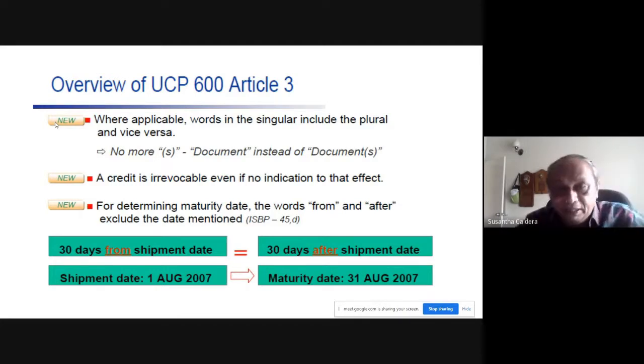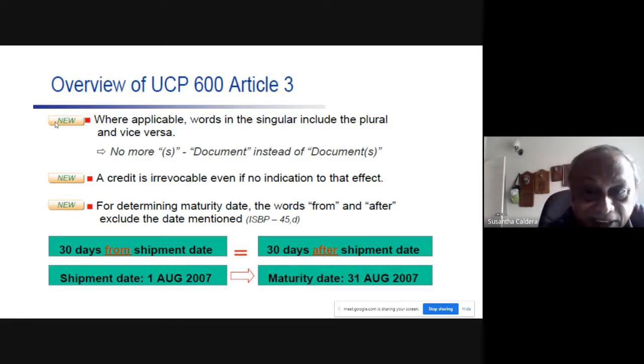Now, for example, 30 days from shipment date. What is the shipment date? 1st August 2007 is the shipment date. 30 days from shipment date is similar to 30 days after shipment date.